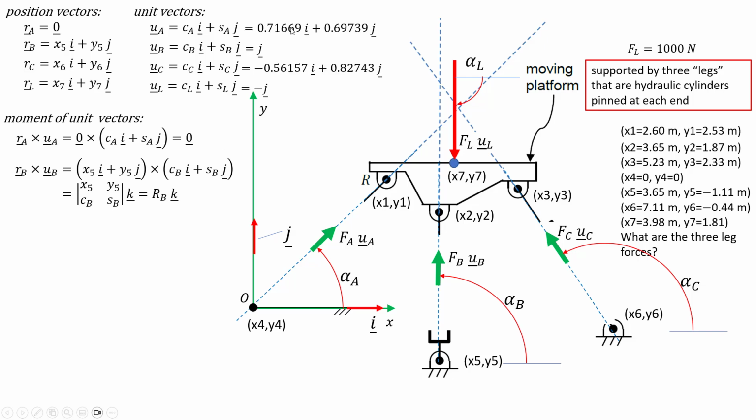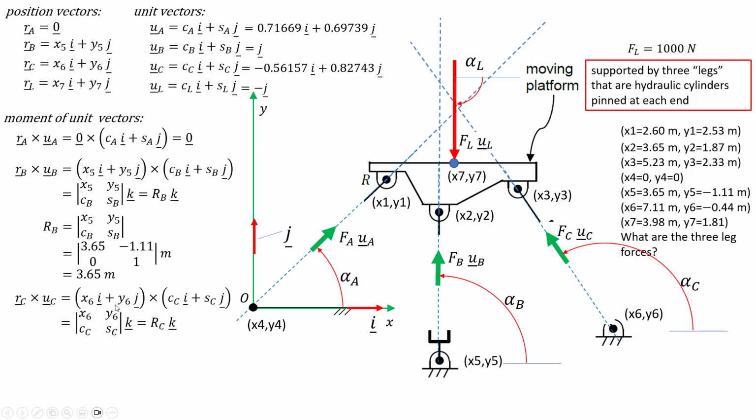Then I put in my unit vectors here so I could calculate what these things are. I put in my x5, y5, and I put in my CB, SB, and I can figure out what my RB is. Actually put a number on my RB, which is going to be the signed magnitude that goes with the moment of the unit vector.